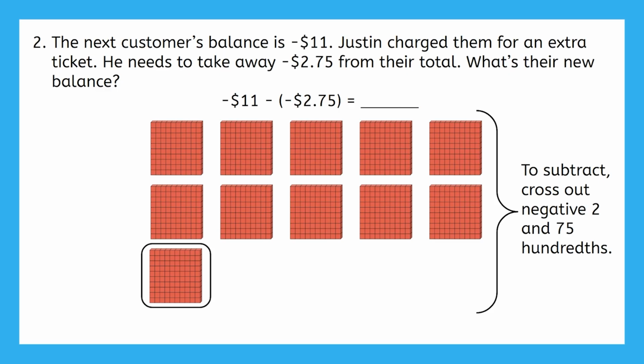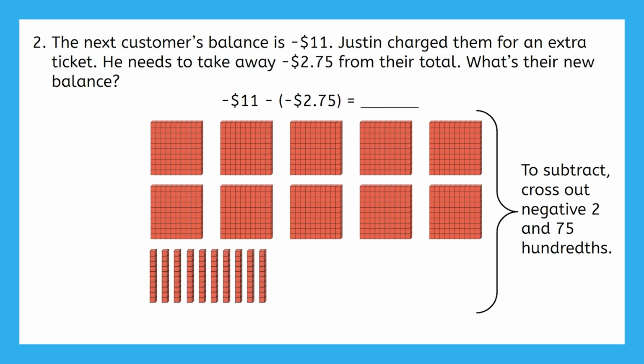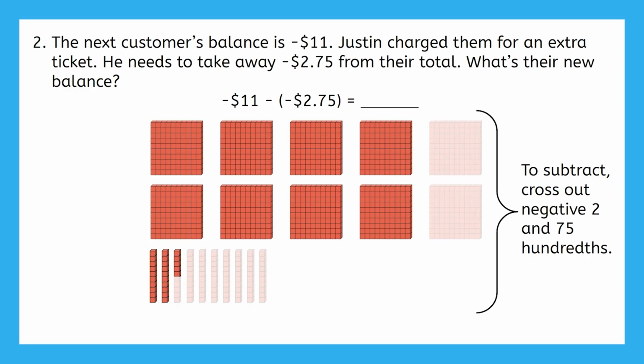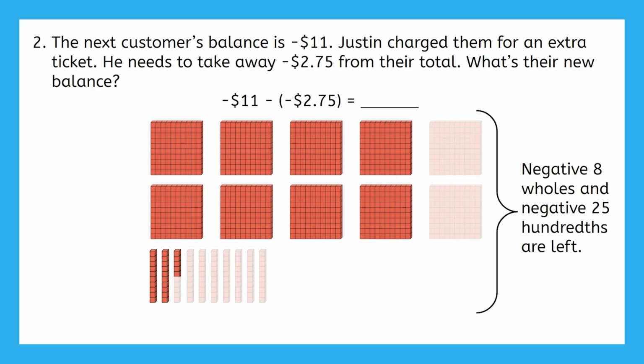I'm regrouping one of the negative wholes, so it's easier to subtract 75 hundredths. Now, cancel 2 negative wholes, and negative 8 wholes and negative 25 hundredths are left. The customer's balance is negative $8.25.